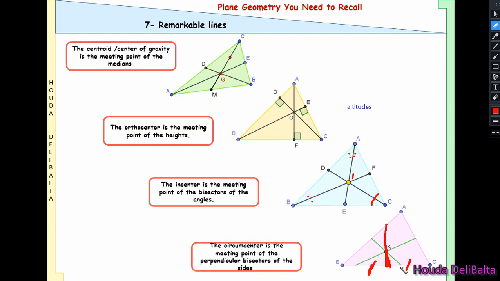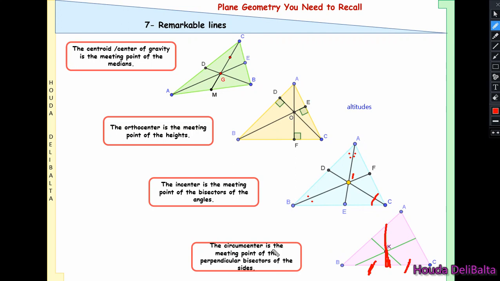So it divides the side into two equal parts. That's why they are not necessarily going through the vertices, except in the equilateral triangle, and the one relative to the base of an isosceles triangle goes through the vertex. Okay, so the meeting point of the perpendicular bisectors is called the circumcenter.